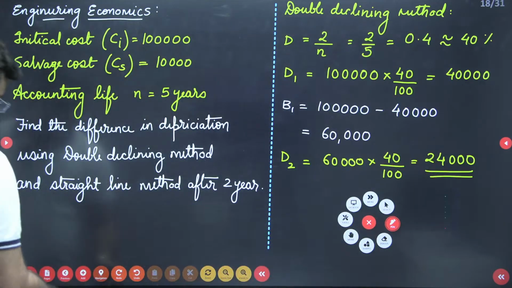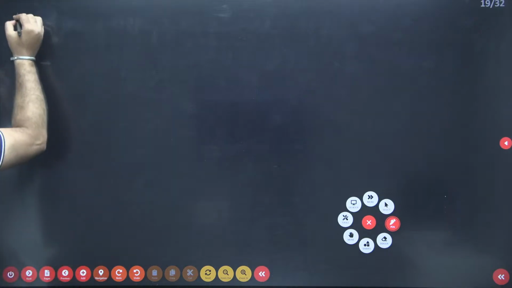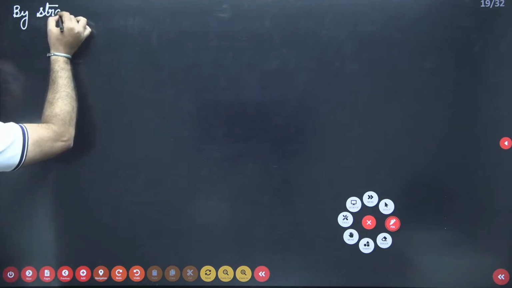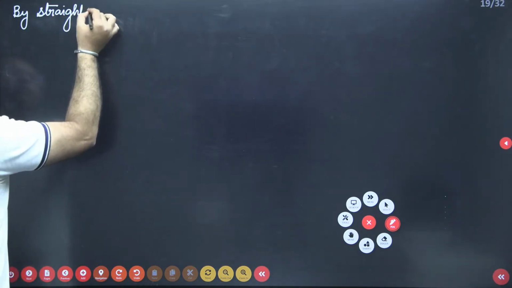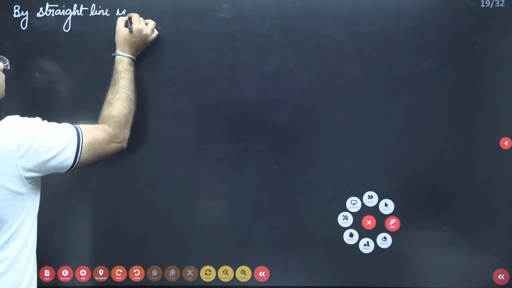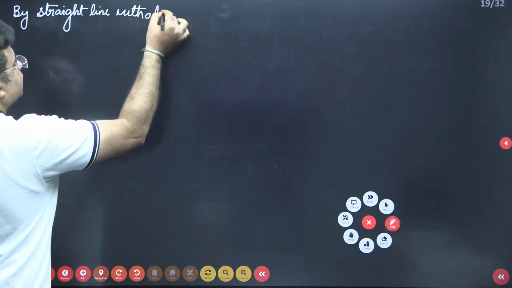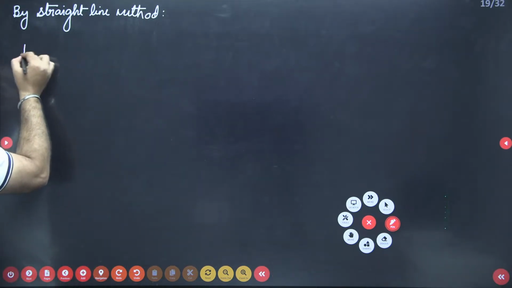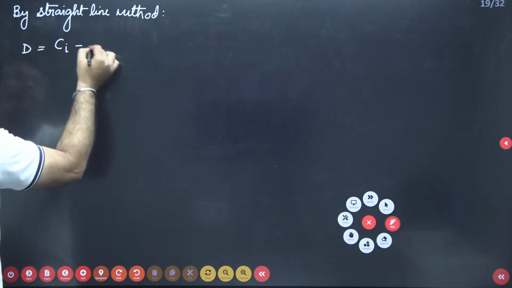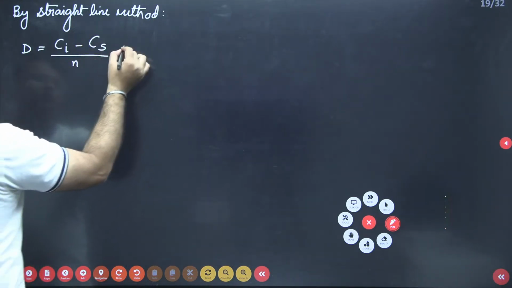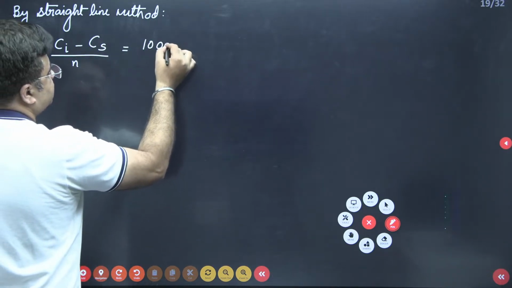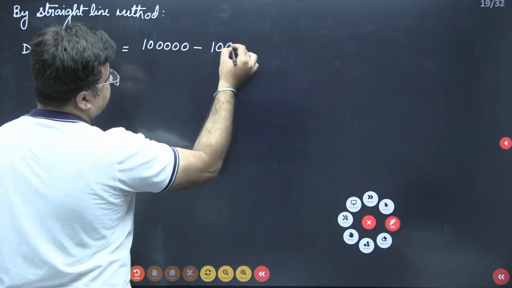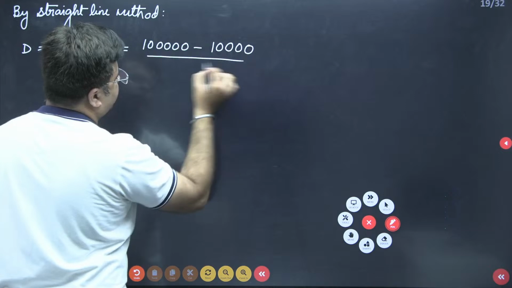So by straight line method, your depreciation D is equal to CI minus CS divided by N. So CI is 1 lakh, CS is 10,000, divided by 5.